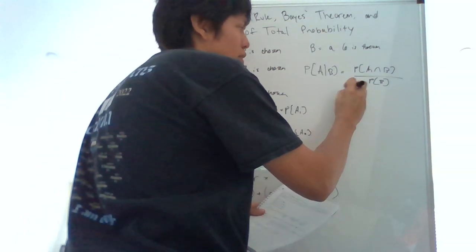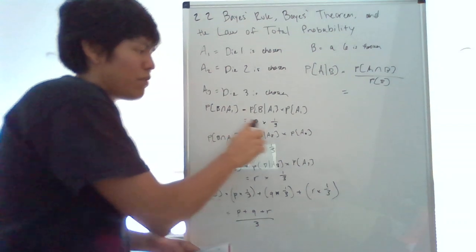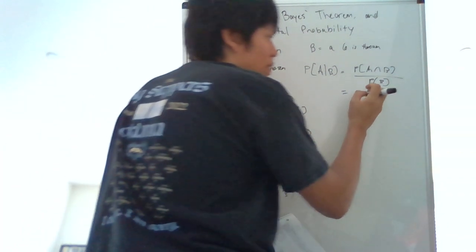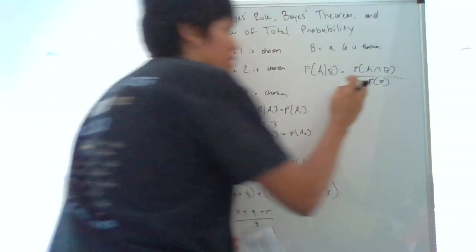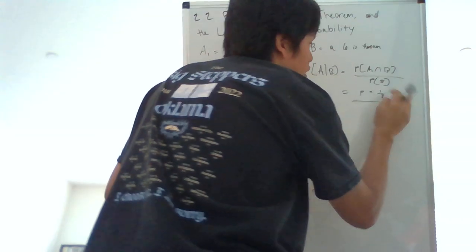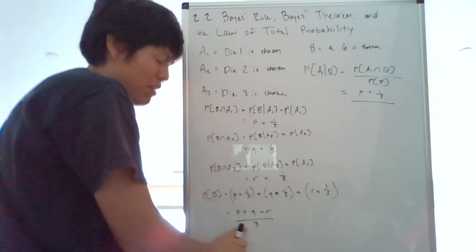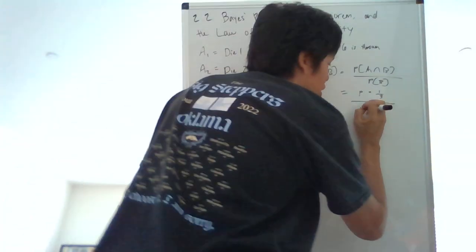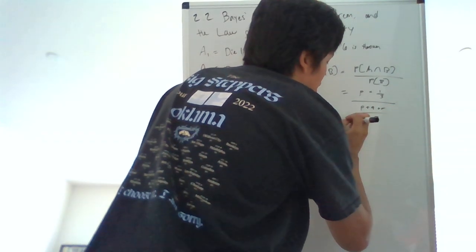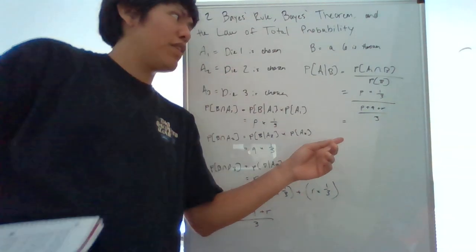What this is equal to is, right here, P times 1 over 3, because if the intersect is switched, it's still the same thing, over the probability of B, which is all of this, P plus Q plus R over 3. And this can actually be simplified a lot.